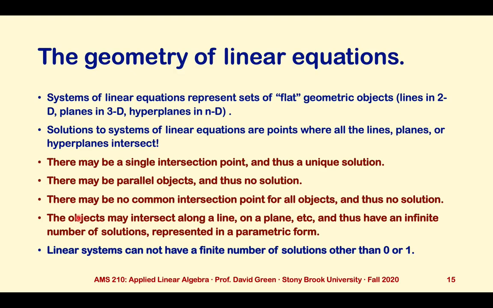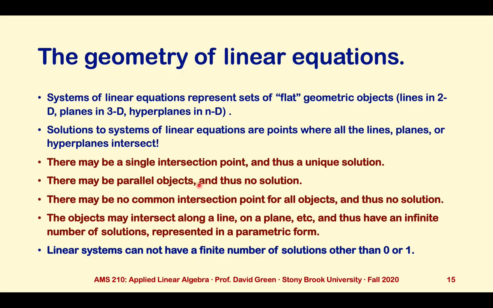There's no other option. A linear system cannot have a finite number of solutions other than 0, no solution, or 1, a unique solution. There's no way you can make 2 lines intersect at exactly 2 points or exactly 3 points. In order to achieve that, they would have to be curved. They would no longer be flat. They would no longer be linear.